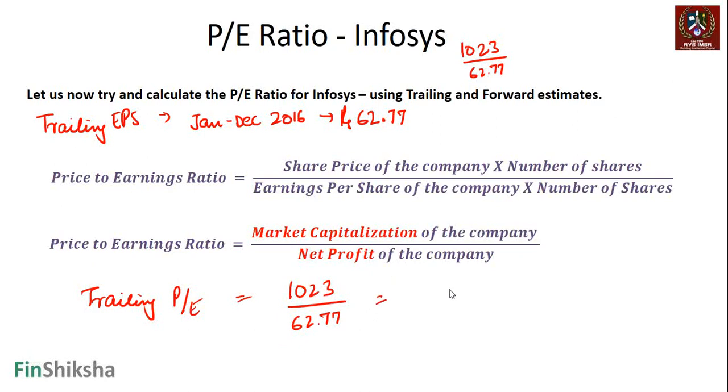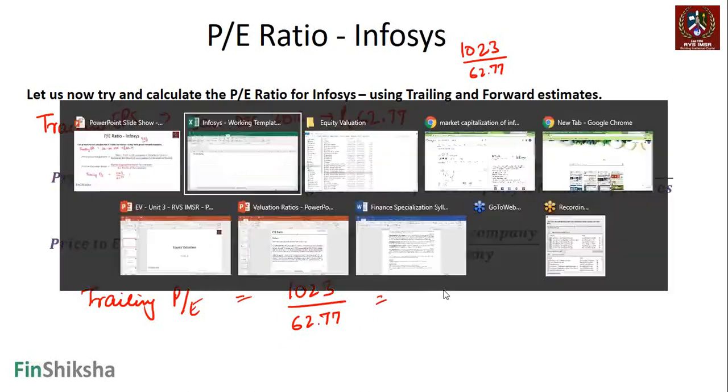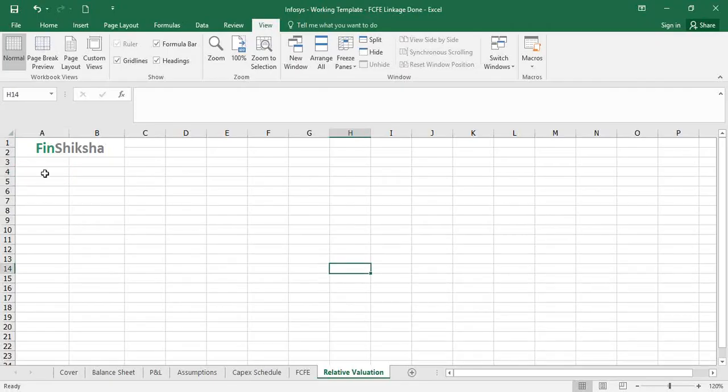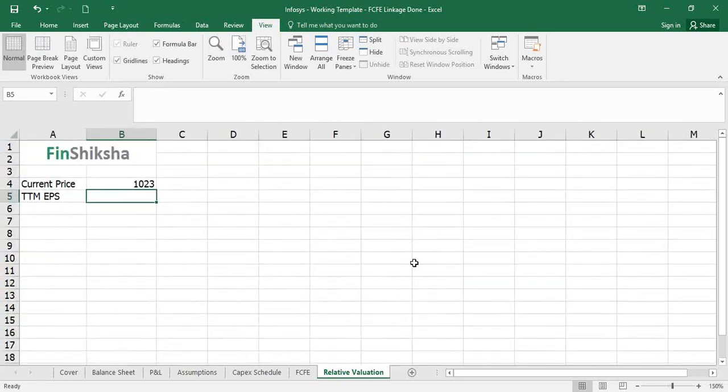So we can move to our Excel file for Infosys. If you remember, we have done a DCF model for Infosys and we can just add the tabs there. So we've just added a relative valuation tab and the current price is 1023. The TTM EPS is, as we just saw, equal to 62.77.